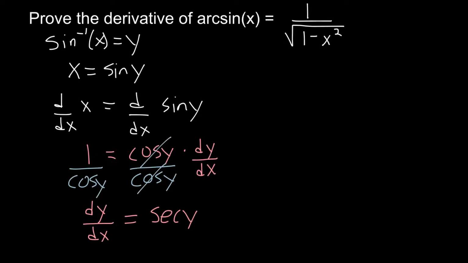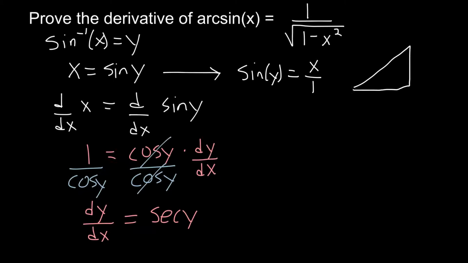So what we need to do is go back to our original equation where we set up y and we set up x. And this equation will give us some more information. It says that sine of y is equal to x, or equivalently we could write x over 1. Now that means we can construct a small triangle.